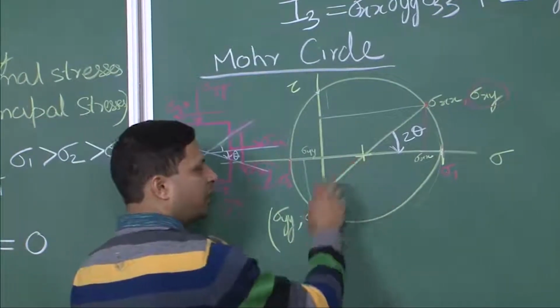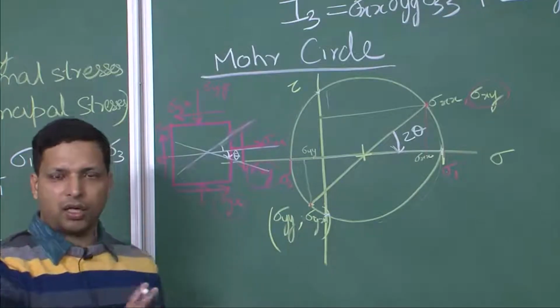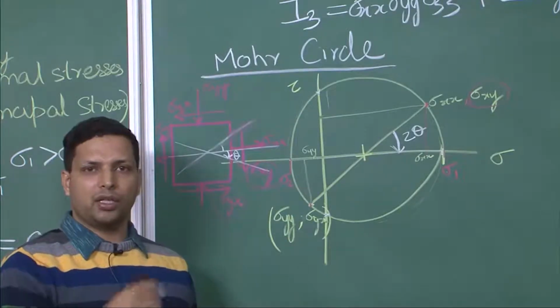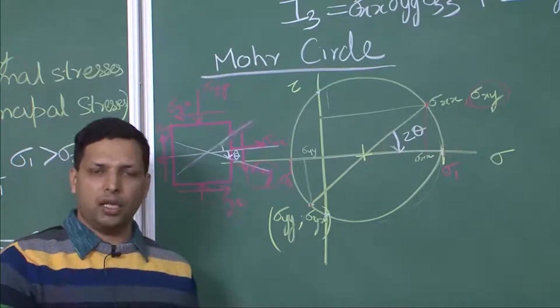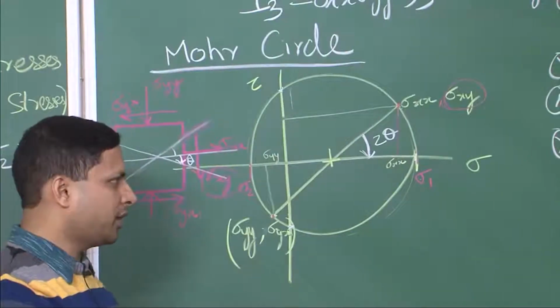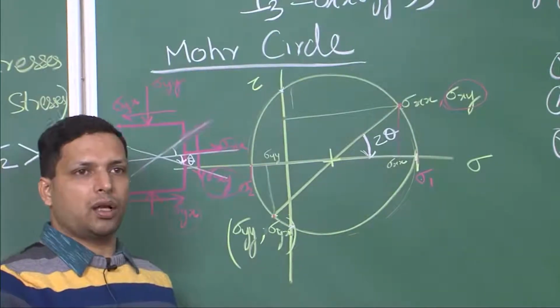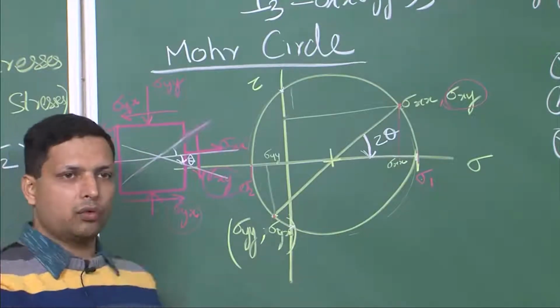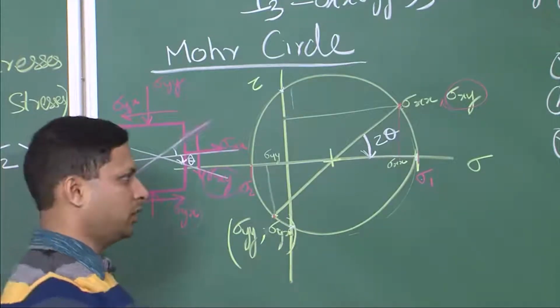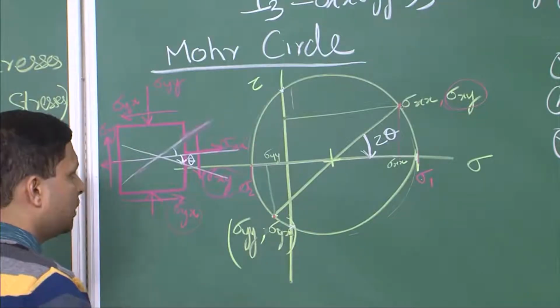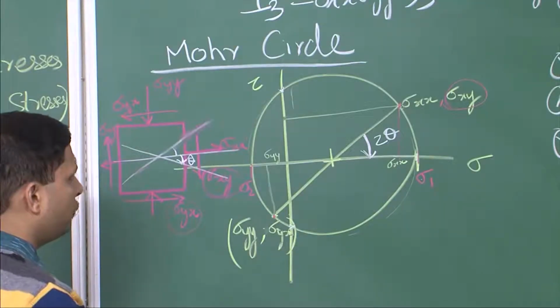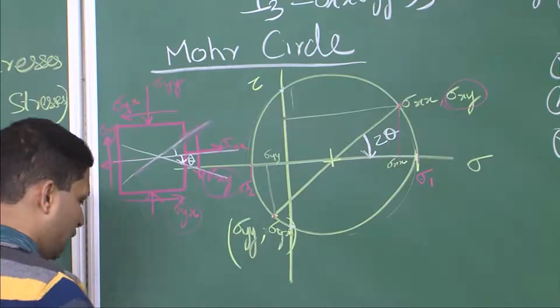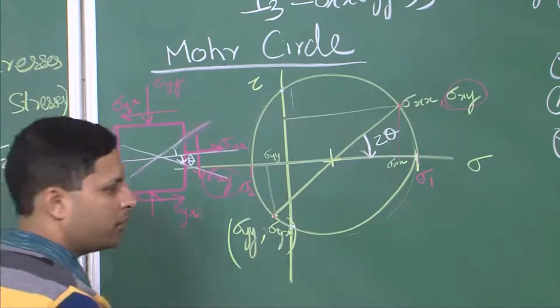However, for this particular element there does not exist an orientation where you can get only shear stresses and no normal stresses. We will get to a simple Mohr circle for that too, for certain cases where you can get elements like that.